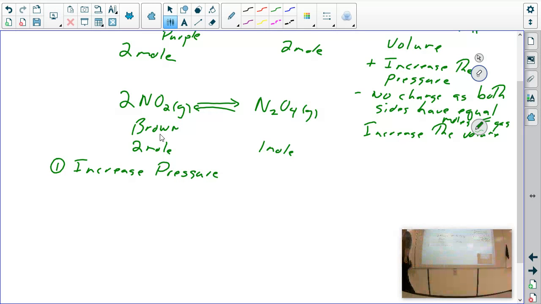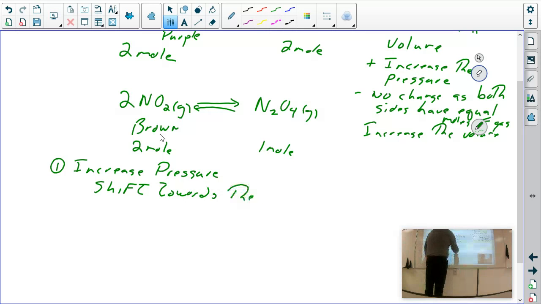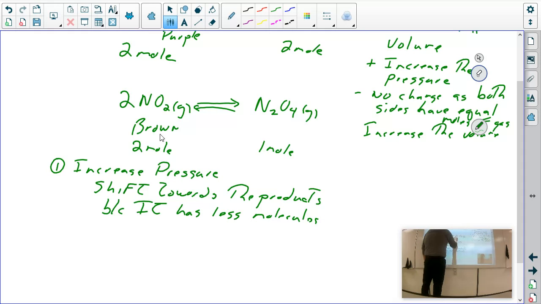Decrease the volume, increase the pressure. The system is going to shift to the side to minimize that pressure increase, which is the side with the least amount of moles. It's going to cause a shift towards the products, because it has fewer molecules.